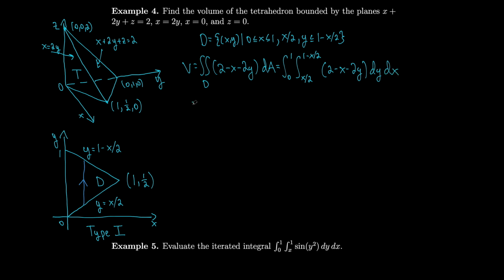Okay, so this is the integral from 0 to 1 of, well, partial integration, pretty easy at this point, hopefully. We've got 2y minus xy minus y squared, just by treating x as a constant. And then we evaluate from y equals x over 2 to y equals 1 minus x over 2.